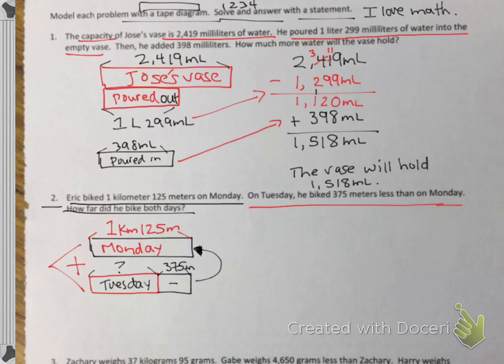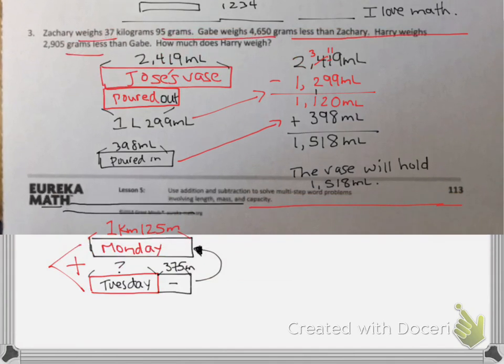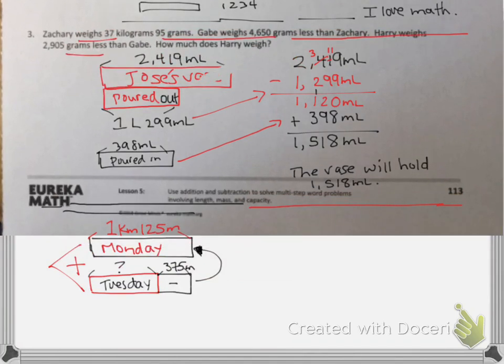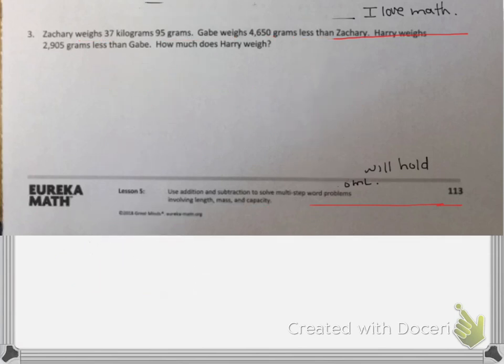I'm going to go on to number 3, and number 3 is a bit confusing, so I would take your time on number 3. I'm going to get you as far as I can, and I'm going to ask you to solve the rest. So I'm going to scroll down, and we're going to work through each part here.